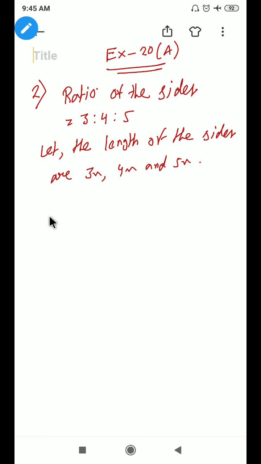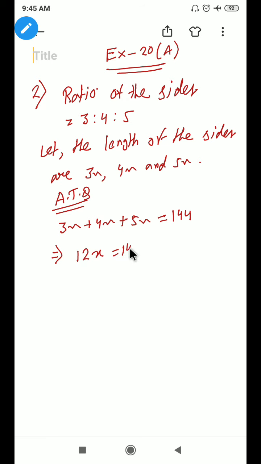So here the condition given is the perimeter. The perimeter is 144. According to the question, if we add the sides, 3x plus 4x plus 5x is equal to 144. Now just add the numbers: 5 plus 4 is 9, 9 plus 3 is 12. 12x is equal to 144.